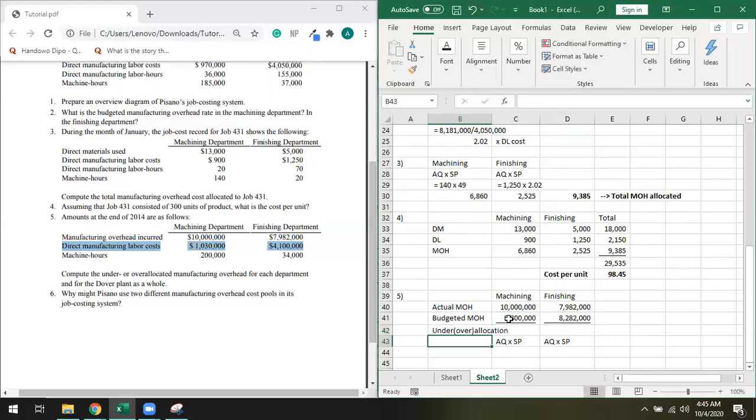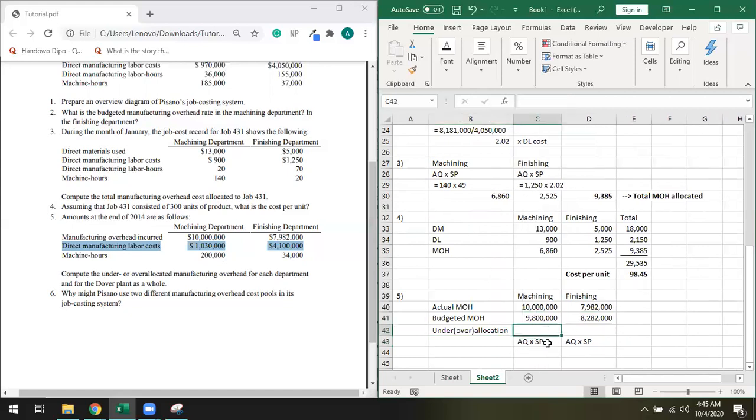Okay, so from this actual and budgeted manufacturing overhead cost, we know the under and over allocation of each department manufacturing overhead. For machine department, because the actual manufacturing overhead cost is larger than the budgeted manufacturing overhead cost, it means that the manufacturing overhead cost is under allocated. Because the result is positive, it means the actual is higher than what it is predicted.